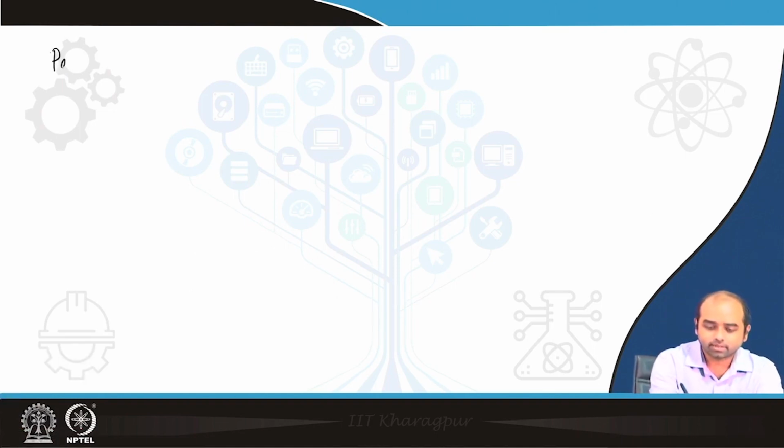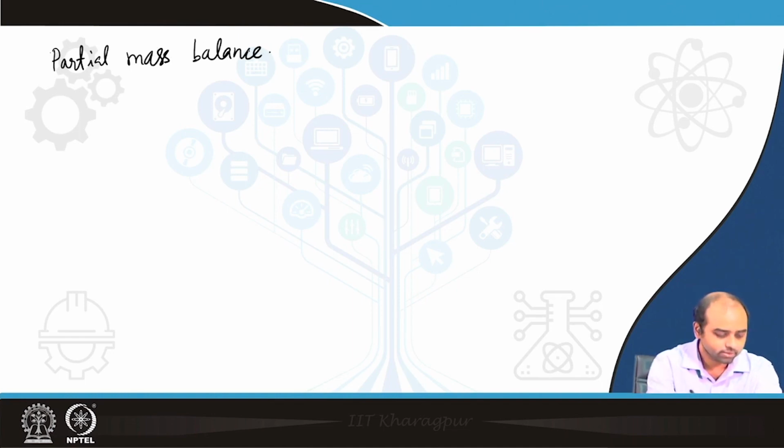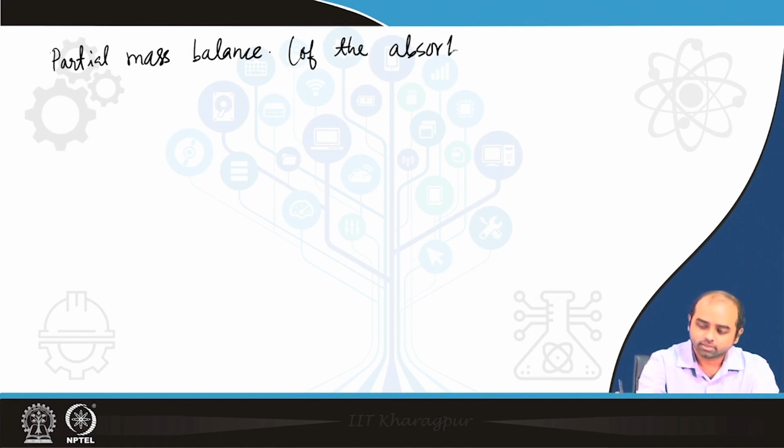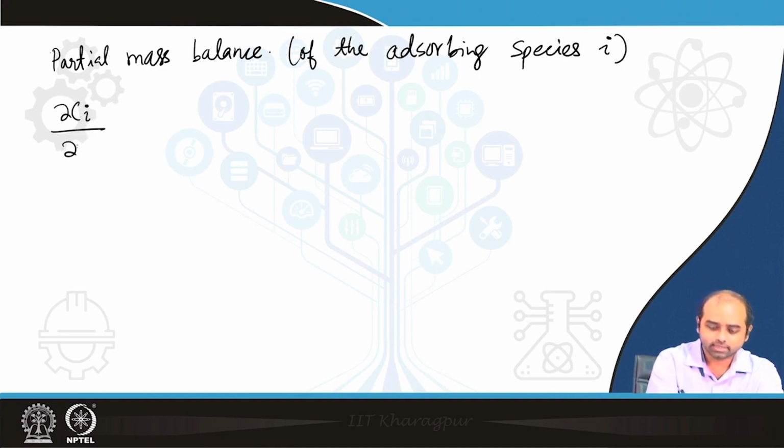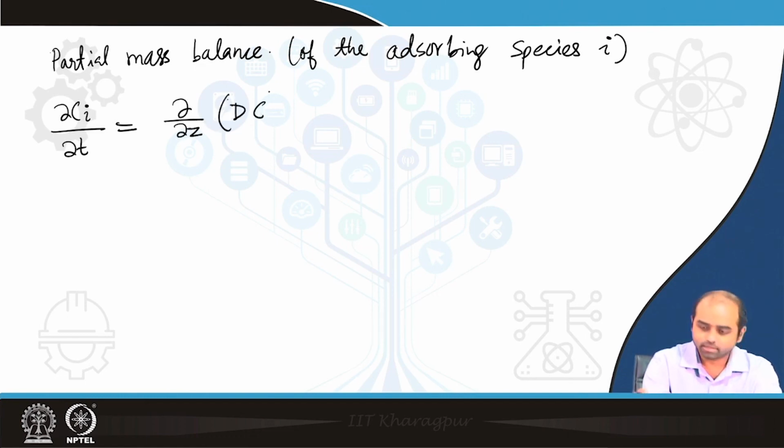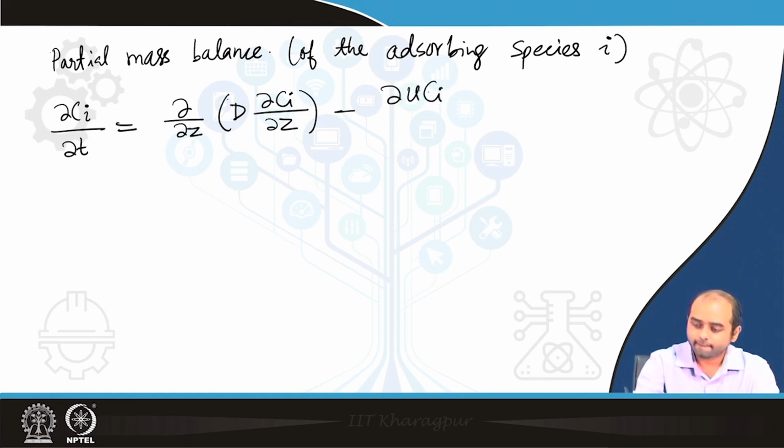If you make a partial mass balance of any species which is adsorbing in this process, of the adsorbing species i, I can write: this is the accumulation term dCi/dt, and then we have the axial diffusion, the axial convection, and this is the interparticle mass transfer.